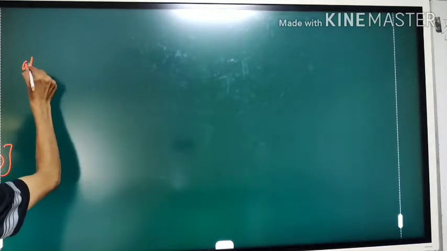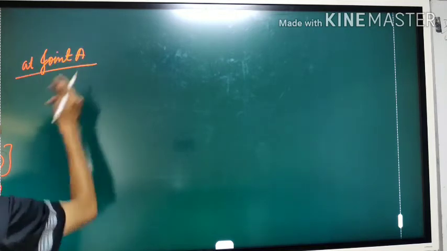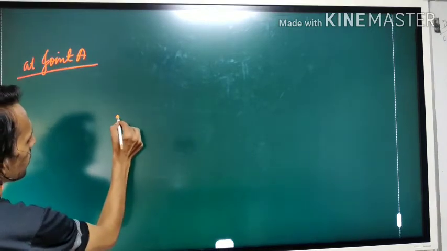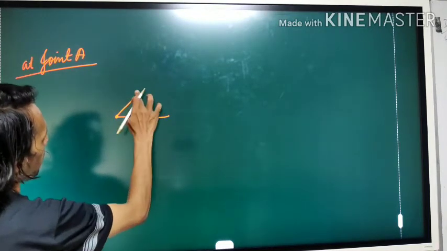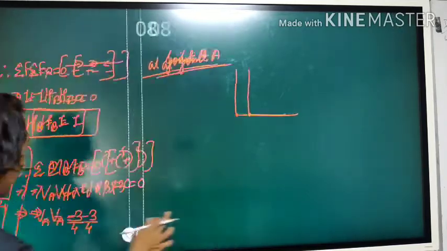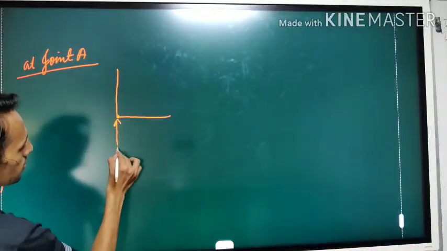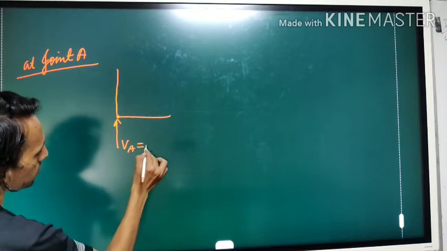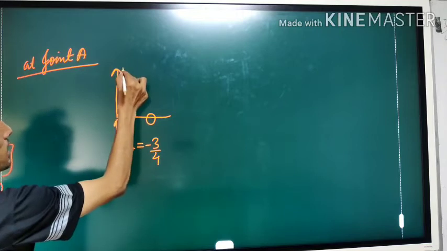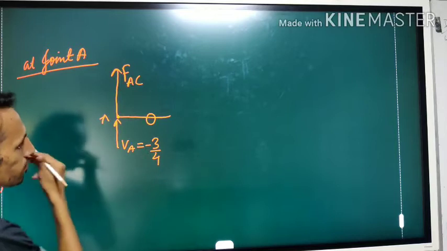At joint A, what are the conditions of the joint? And what was the value of the reaction? It was like this. VA, its value was minus 3 by 4. So this was 0. Let us say the force in this member is FAC.